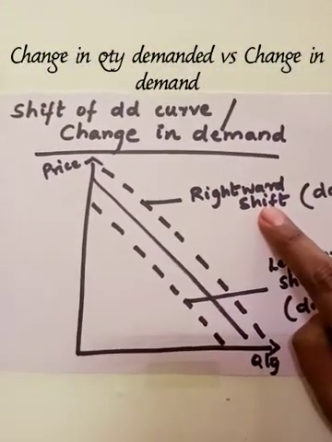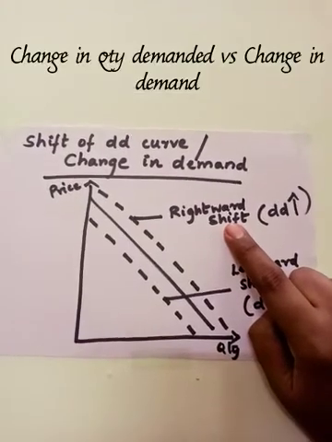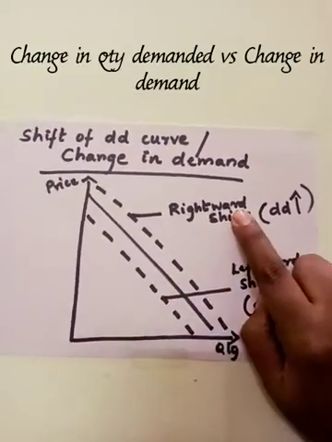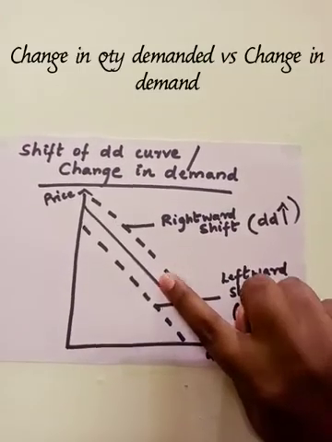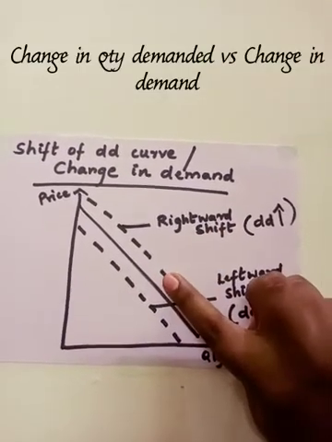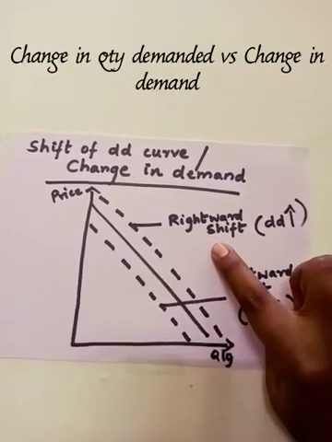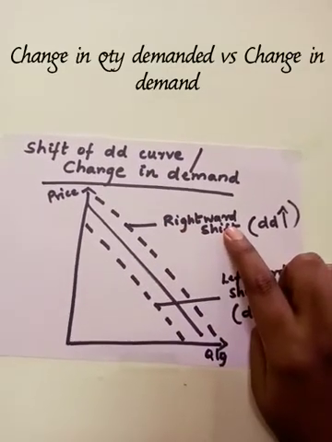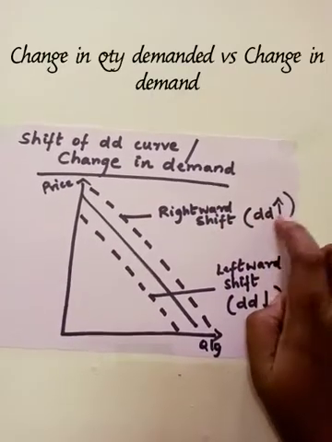So change in demand means overall shift of the demand curve. Income of the consumer increases means demand will increase. Taste and preference in favor means demand will increase. Then more credit facilities means demand will increase. So all such things will result in a rightward shift of the demand curve showing increase in demand.